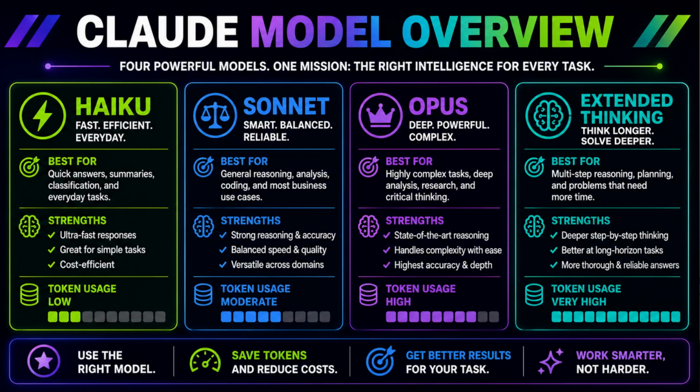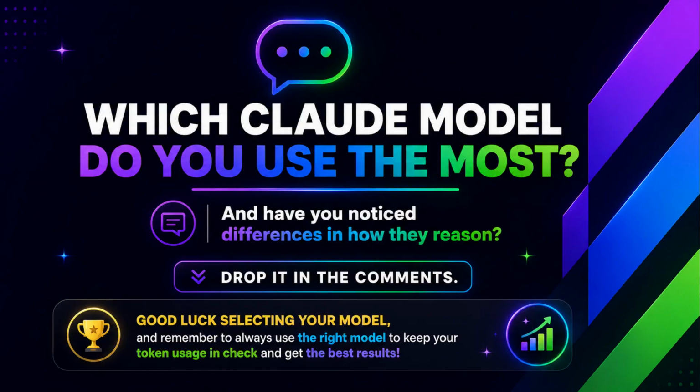And if you're solving difficult reasoning problems, then you're going to want to go for extended thinking. That one decision alone can dramatically improve response quality, your workflow efficiency, the latency, and the cost.